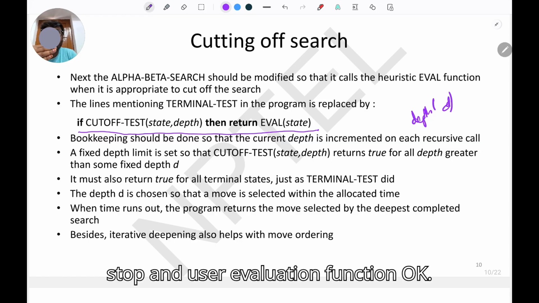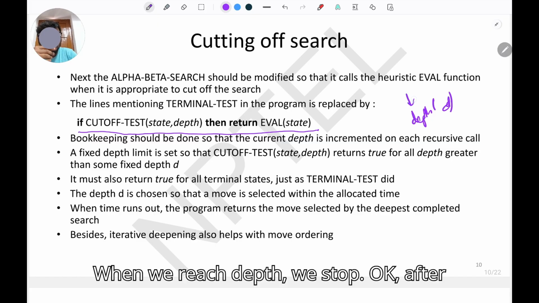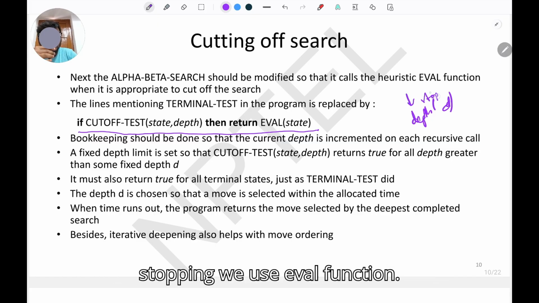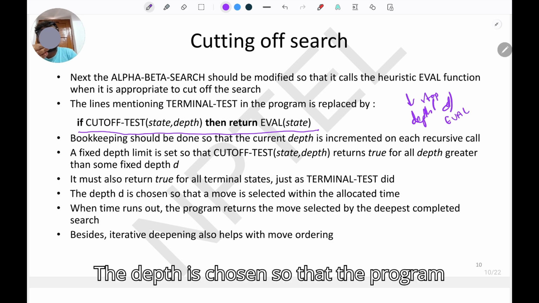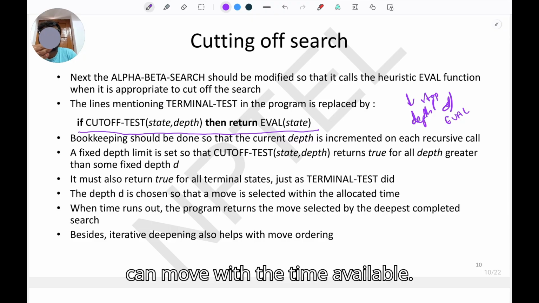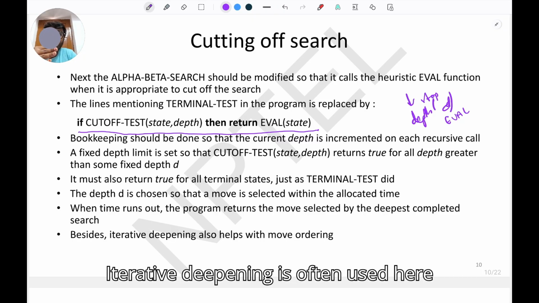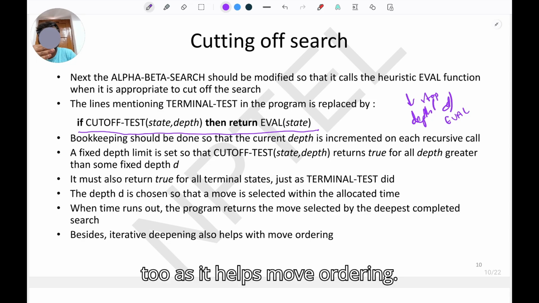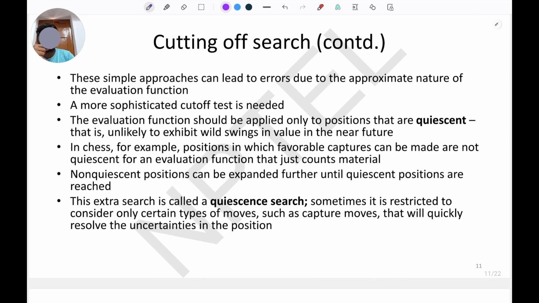Beyond that, we stop and use the evaluation function. When we reach depth d, we stop, and after stopping, we use the eval function. The depth is chosen so that the program can move within the time available. Iterative deepening is often used here too, as it helps move ordering.